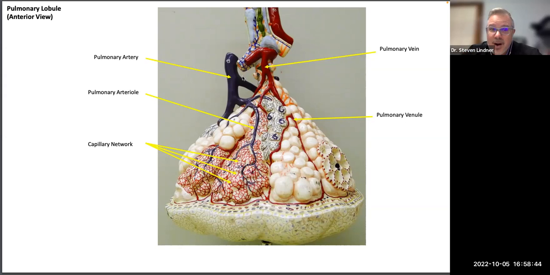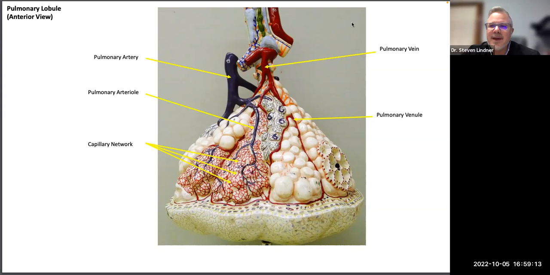The pulmonary arteries, which we see right here, are going to bring the deoxygenated blood right down into the pulmonary arteriole. Now there's the exchange, right? There's the exchange because we have capillaries in here, and it's going to drive oxygen now into the pulmonary venule.